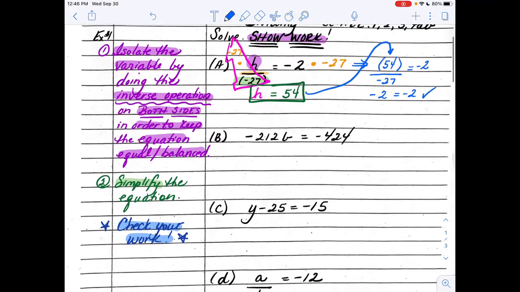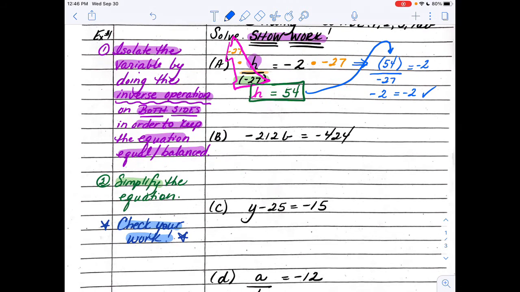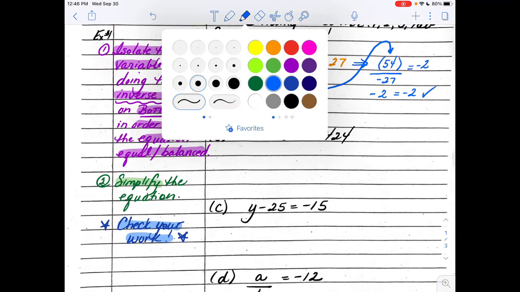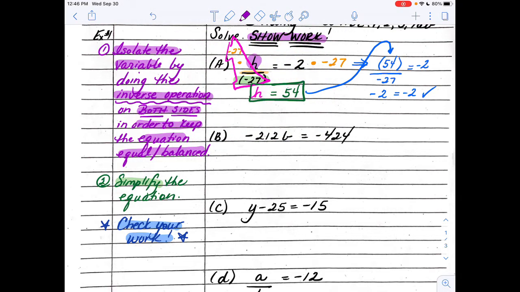So let's go ahead and look at B. Going through those steps again. I need to isolate my variable. Well, the variable I see right now is b. I need to get b completely by itself, which means I have to get rid of this negative 212. Well, right now, this problem says negative 212 times b.